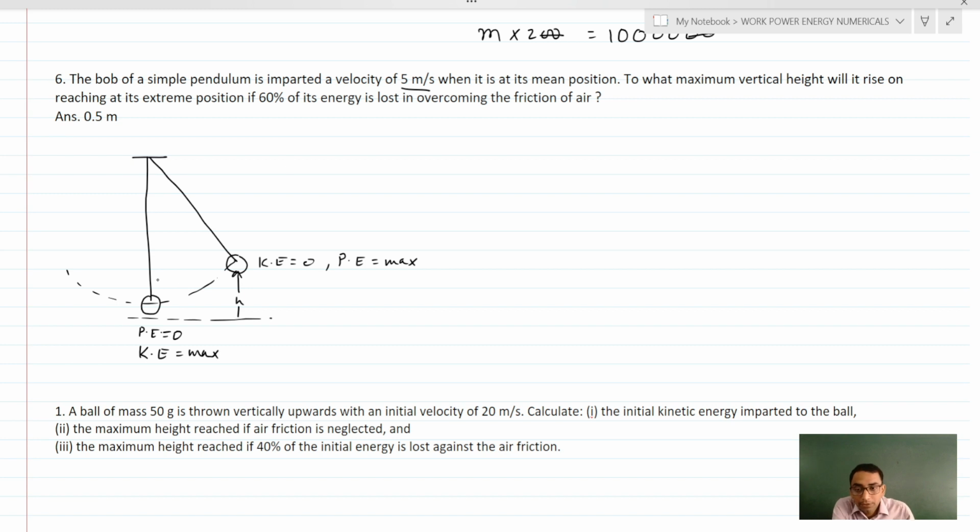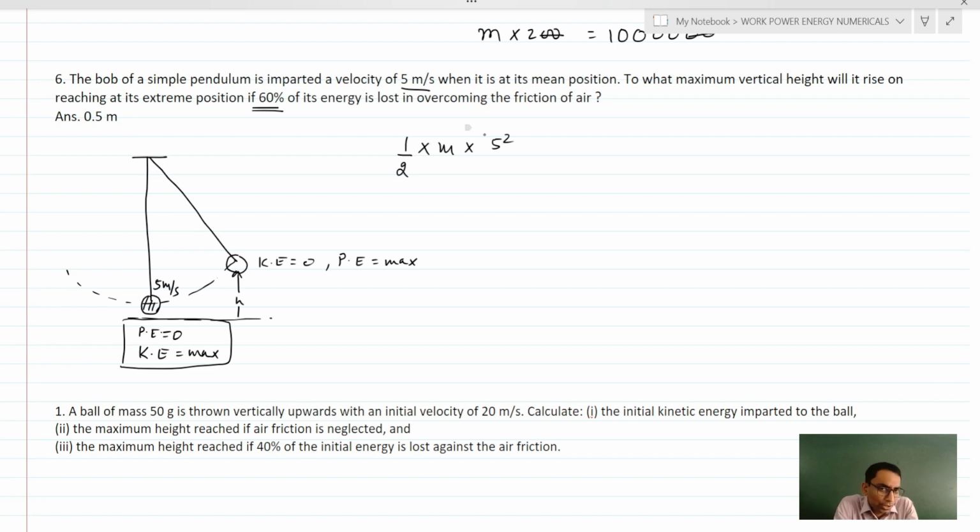Now we are given that the maximum velocity at the mean position is 5 meter per second. So we can very well find the kinetic energy. At what level will it rise if it loses 60% of its energy in overcoming the friction? So if we calculate its kinetic energy, that is half times the mass m times v square, that is 5 square.